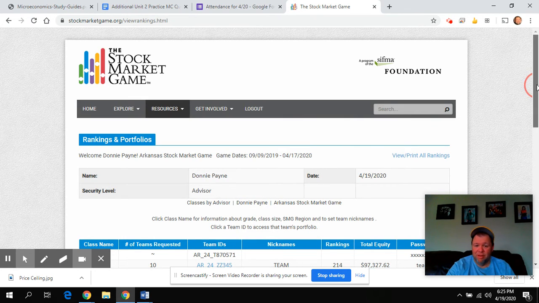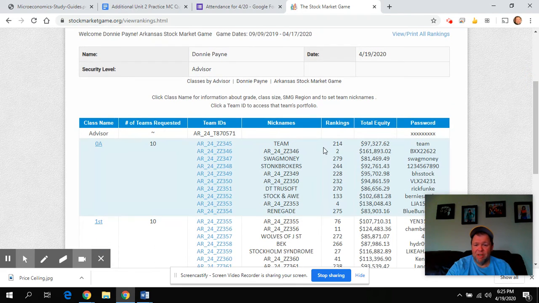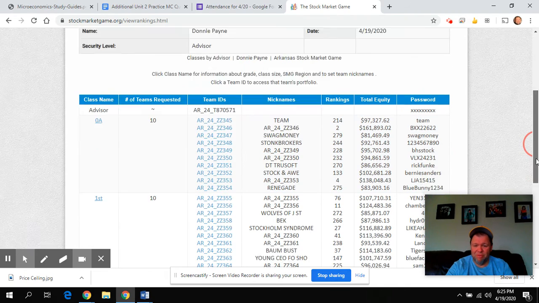Let's see here. So the final rankings, yes, from my 0A class, whichever team is AR24ZZ346, they finished in second in the state with $161,000. Oh, in this group, they were in third. It looks like they're going to actually finish in fourth.